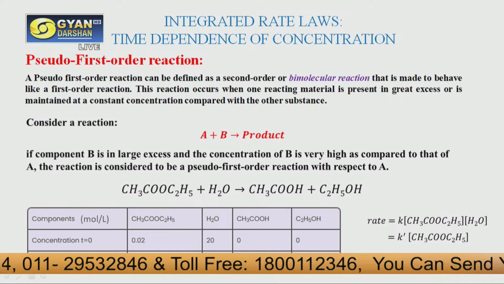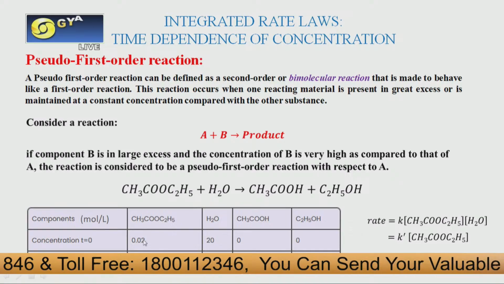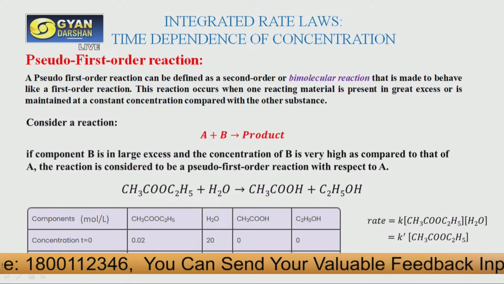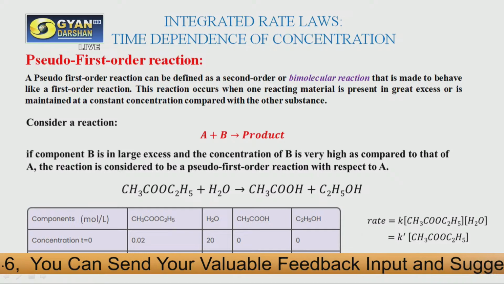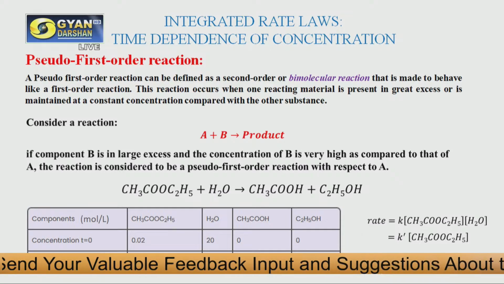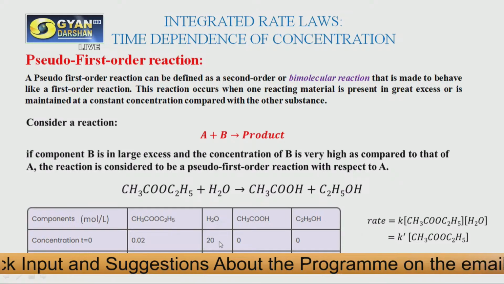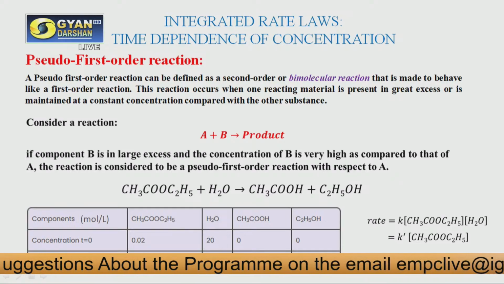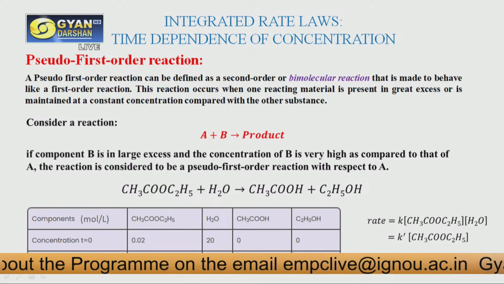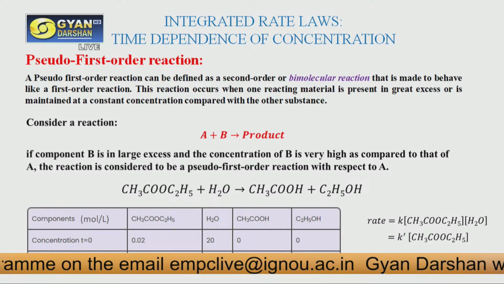After time t, all the ethyl acetate is converted to product, that's why it becomes 0, and the concentration of H2O decreased from 20 mole per liter to 19.8 mole per liter, which is a very small amount.